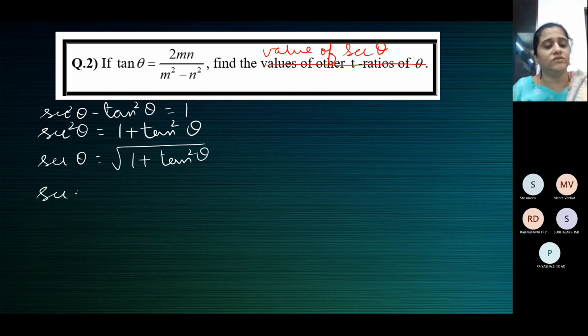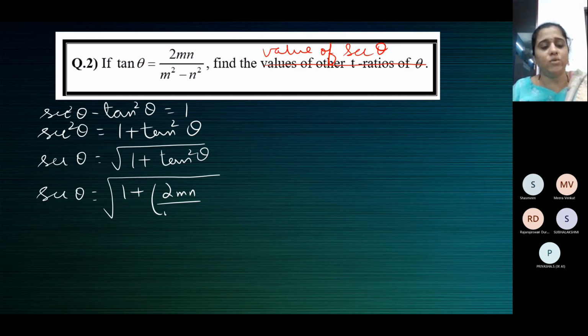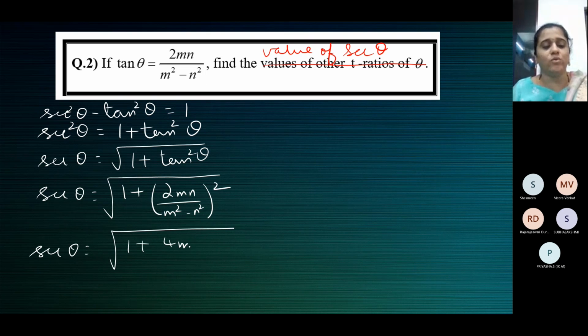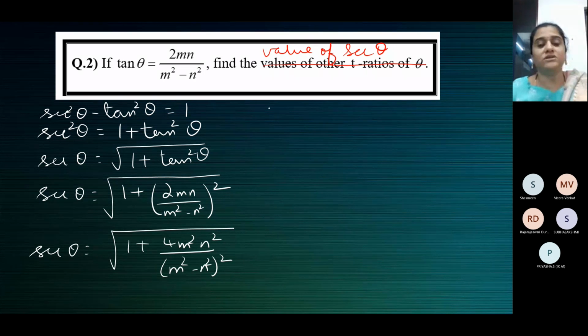So secant theta is equal to square root of 1 plus 2mn by m square minus n square the whole square. So secant theta is equal to square root of 1 plus 4m square n square divided by m square minus n square the whole square. All right, so secant theta is equal to square root of, with a common denominator now.